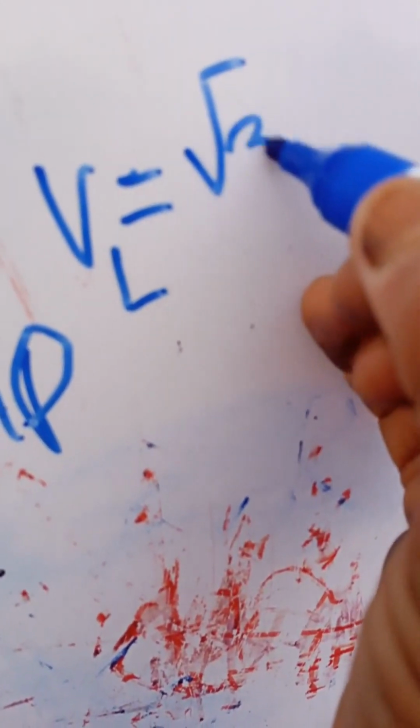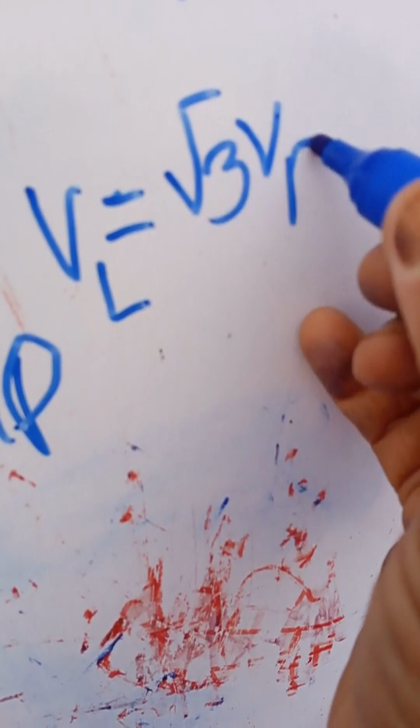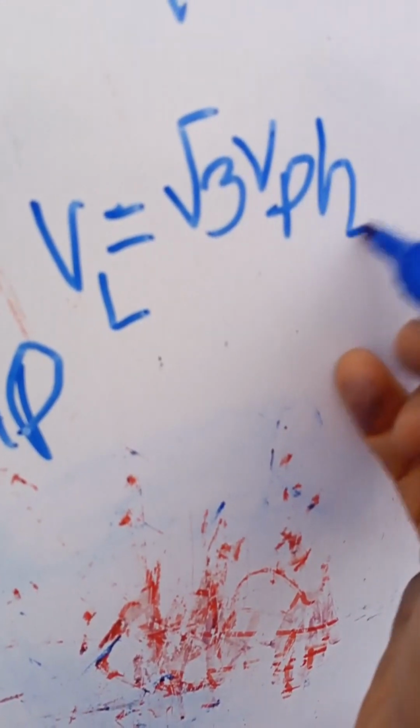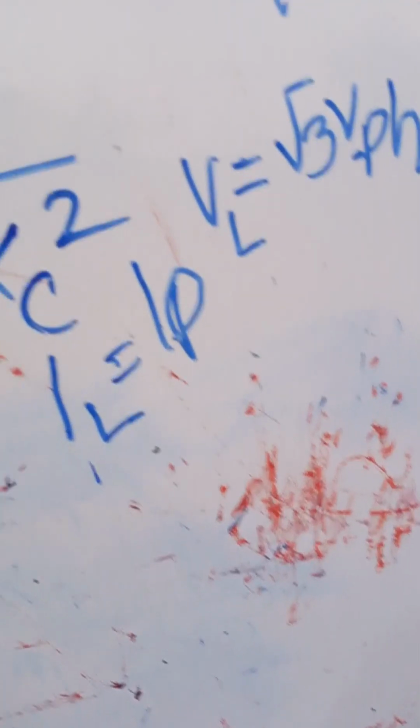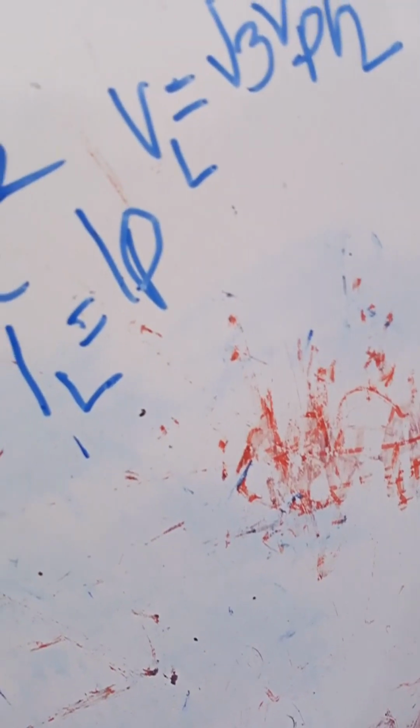In a star connection, IL is equal to I phase, and VL is equal to √3 V phase. This is the relation in star connection.